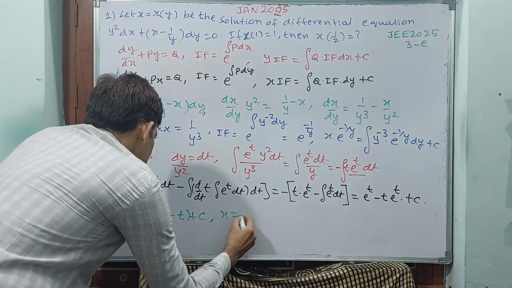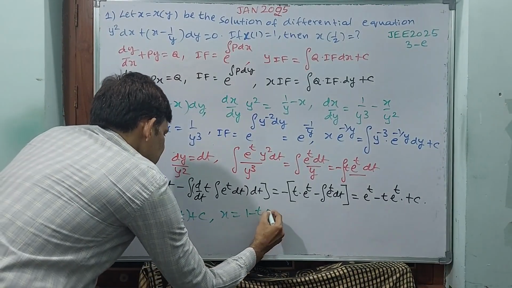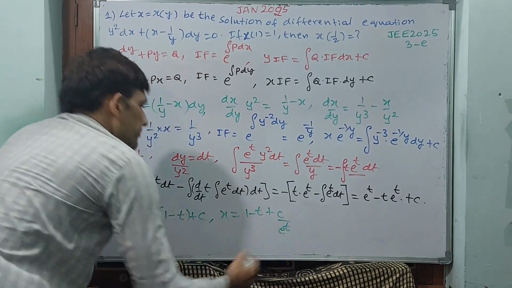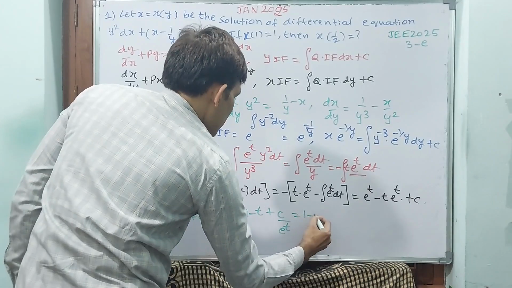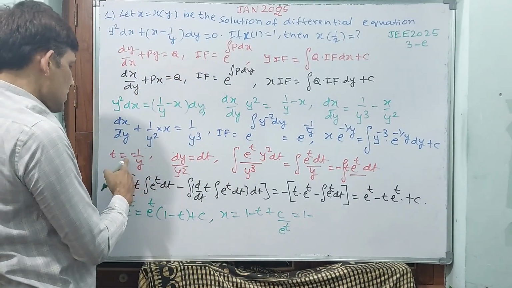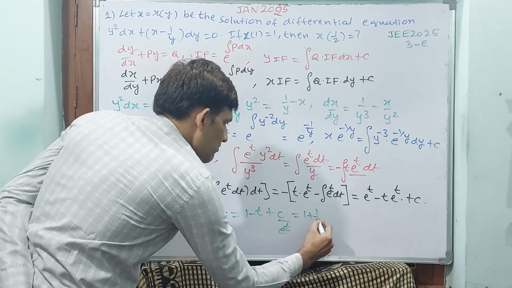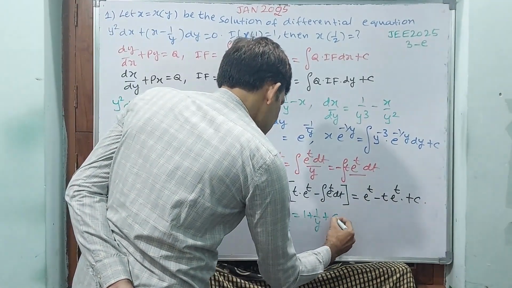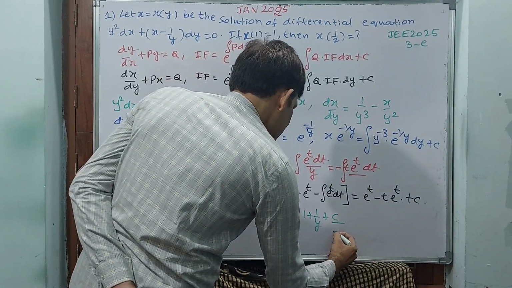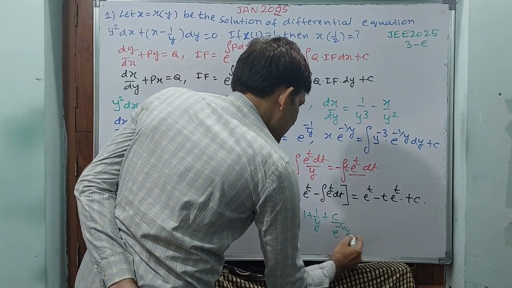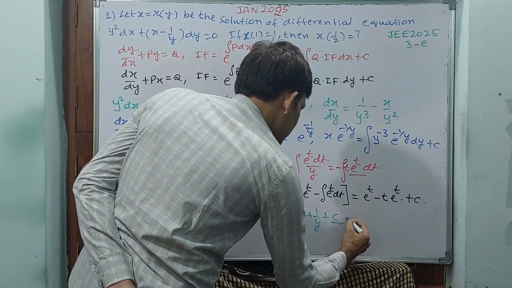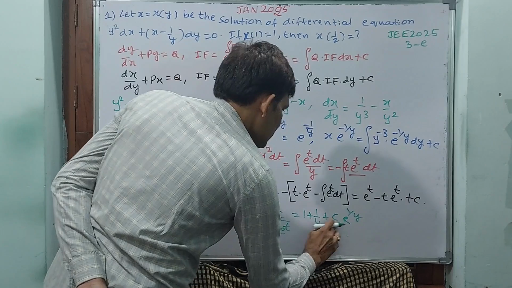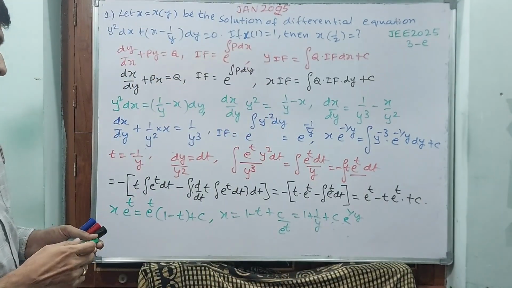That means see x is equal to 1 minus t plus c by e power t. That is equal to 1 minus t means what we have taken, minus 1 by y plus 1 by y. Y to minus of minus plus c by e power minus 1 by y, or else shall I take this as e power 1 by y numerator, c into e power 1 by y.